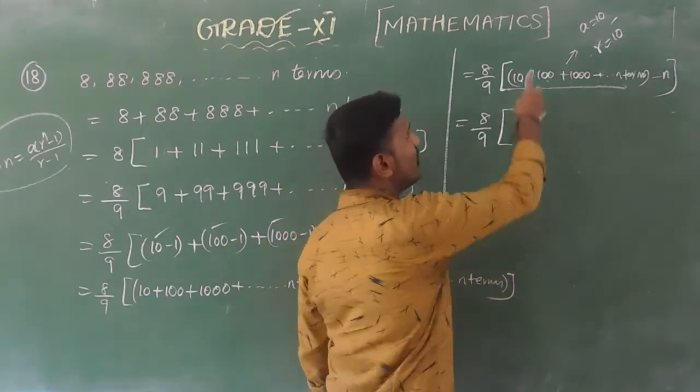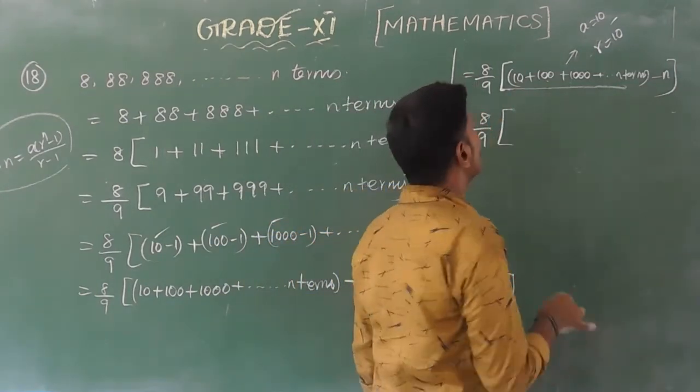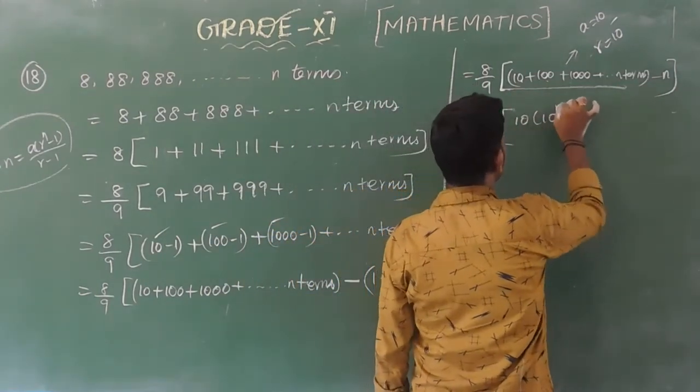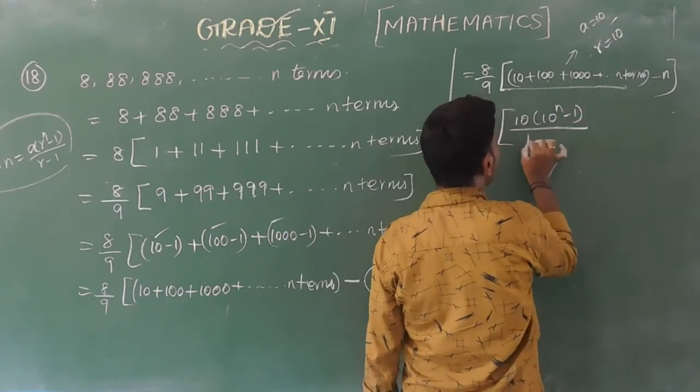Okay, so the value of a is 10 and r also 10. So 10 into 10 power n minus 1 divided by 10 minus 1. Why?